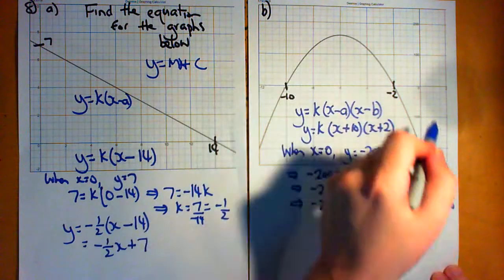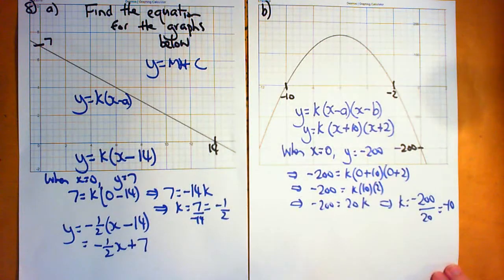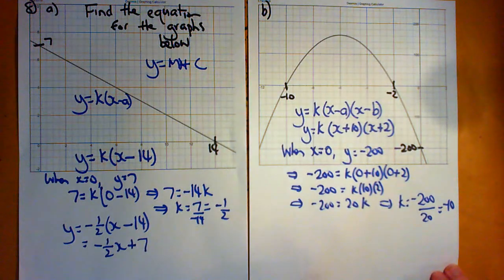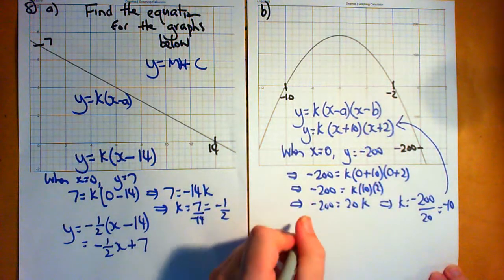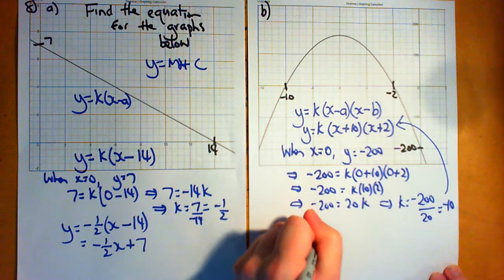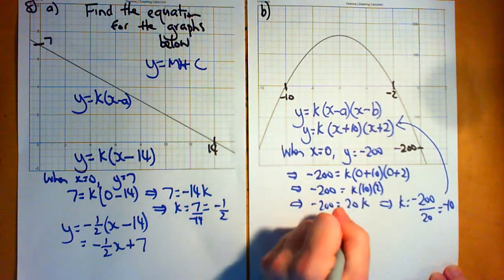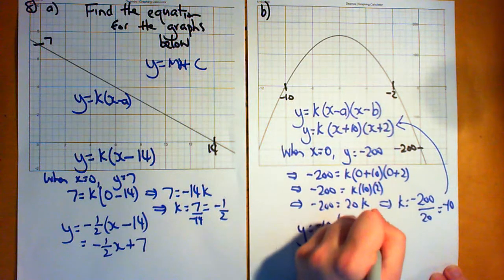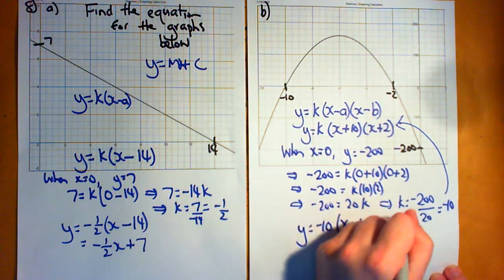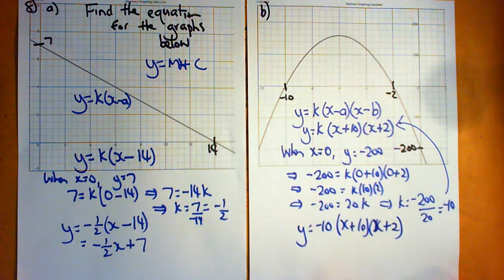It's an upside down parabola, so we are expecting our value of k to be negative, and if we substitute negative 10 back into that line there, we get y equals negative 10 times x plus 10 times x plus 2. So that's the equation of the parabola.